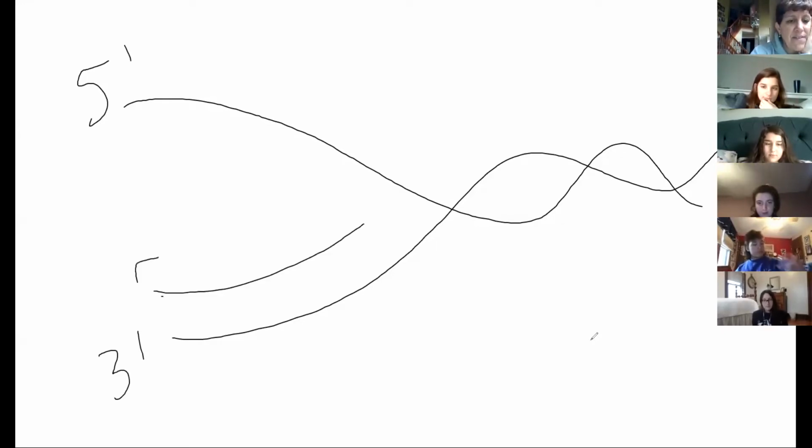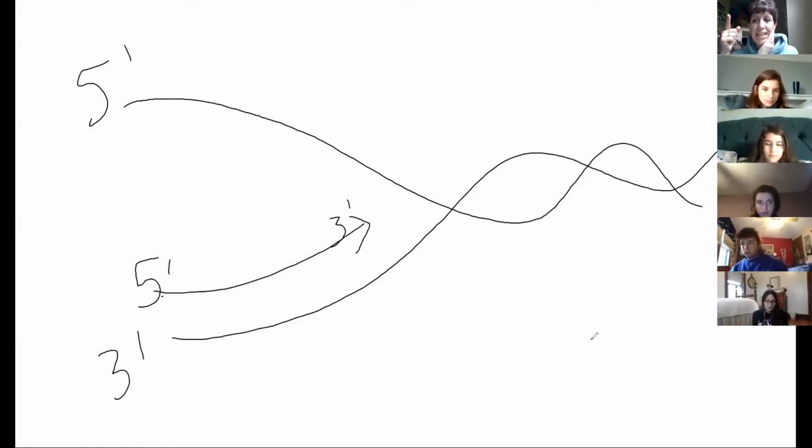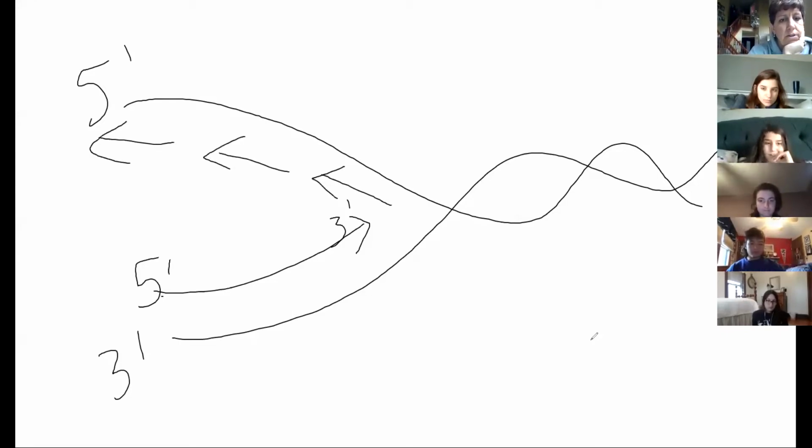So that means 5 to 3, this one is going to be my leading strand, my continuous segment towards the fork. Then I'm going to make 3 pieces like this. 1, 2, 3.